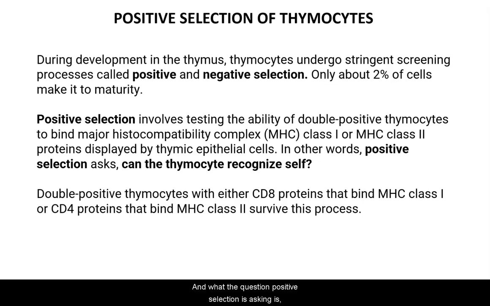And the question positive selection is asking is, can the thymocyte recognize self? Double positive thymocytes that either have a CD8 protein that binds MHC class 1 or a CD4 protein that binds MHC class 2 are going to go on to survive this process and undergo negative selection.